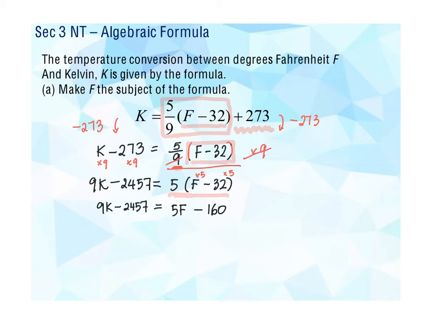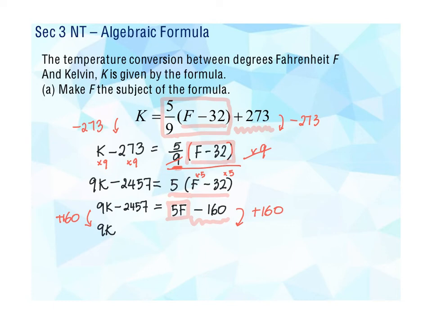This is 9K minus 2457. I only want to get F. F is together with 5. So I cannot get rid of F first. I need to get rid of the one outside it. This is minus 160. So what do we need to do? We need to add 160 to both sides. If that is the case, we will get 9K is an unlike term, so 9K stays here.